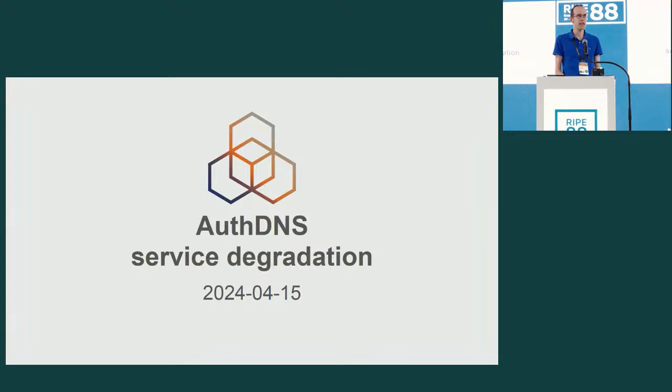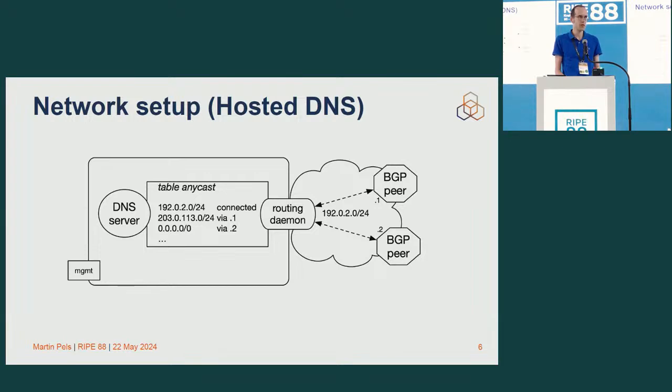Then sadly, since RIPE 87, we also had one outage. So to give a little background on that, we run a setup with a number of core sites where we have hardware routers and servers, but we also have several hosted DNS instances. These are single server deployments, either on VMs or on physical hardware.